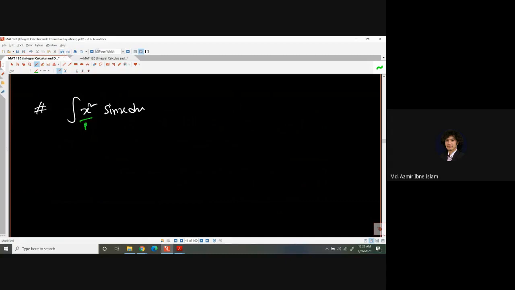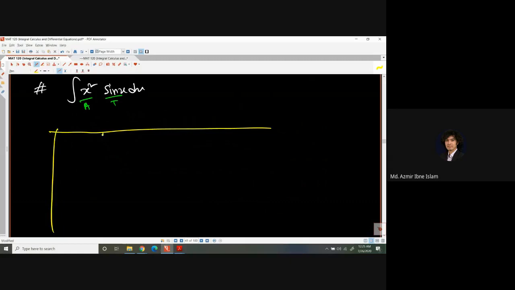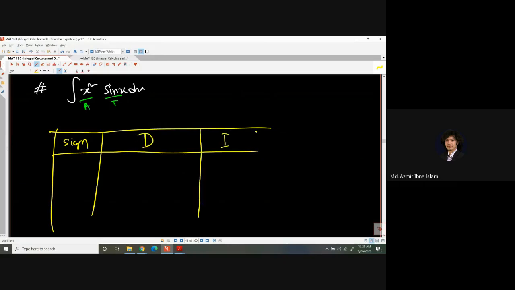So this is polynomial or algebraic and this is trigonometric. So let's apply the tabular technique, because we are not going to apply integration by parts. You can also do that one, but for now I am going this way. So the first column will be for sign change, the second column is for differentiation, and the third column is for integration.